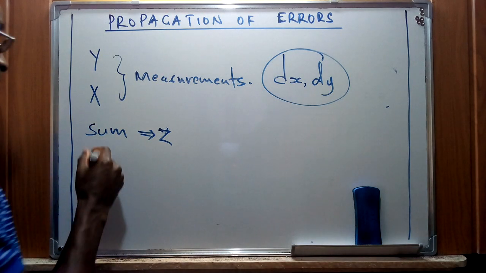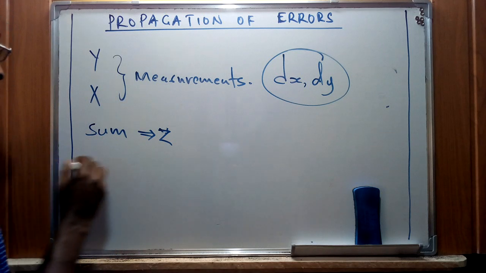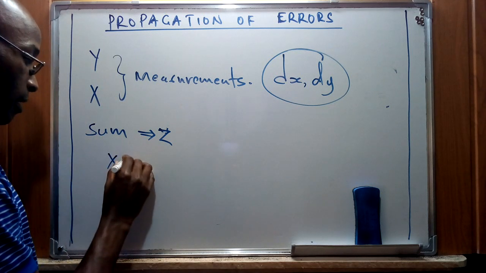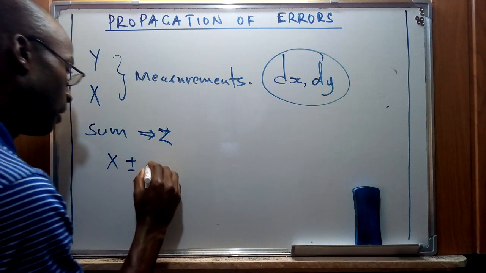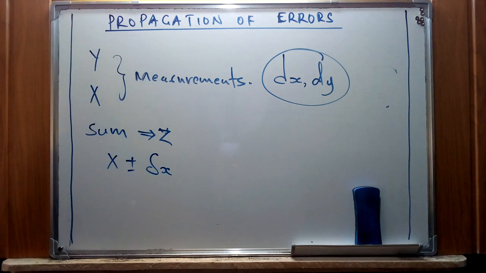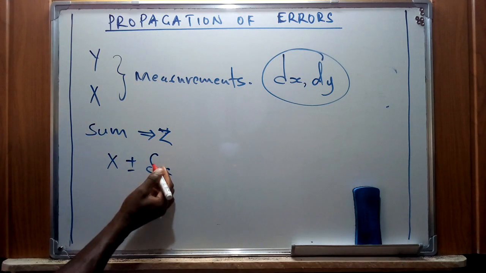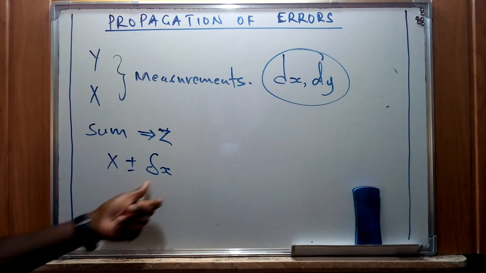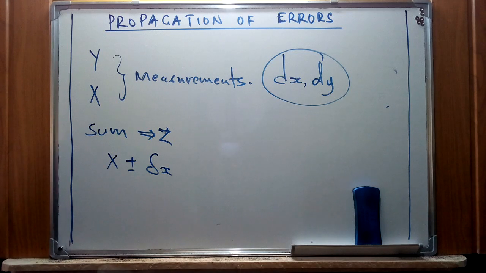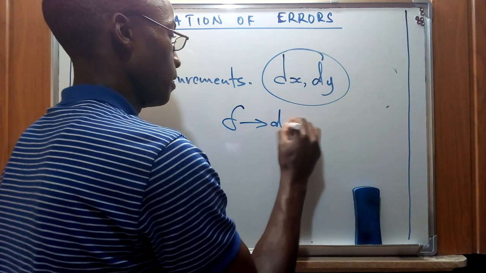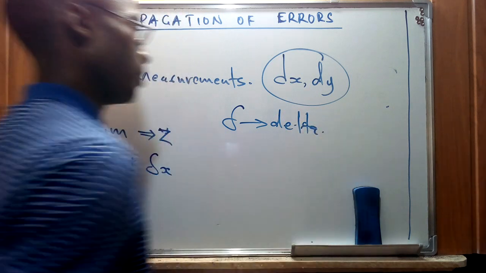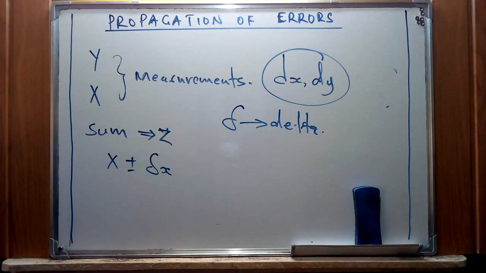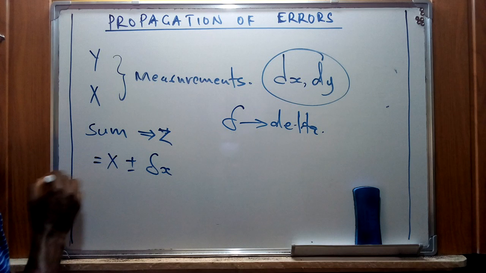And therefore, the three measurements: for the first one, x is given as x plus or minus the deviation in x. In this case, we're going to use delta, so the expression for this one is x plus or minus delta x.